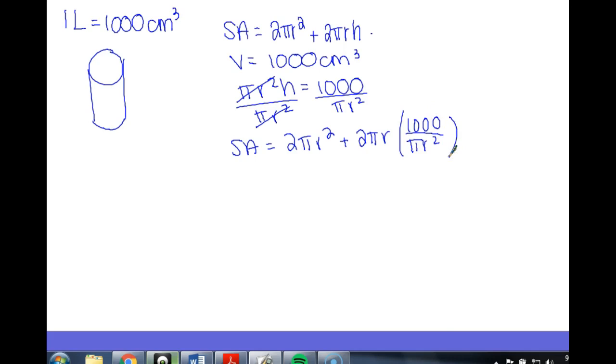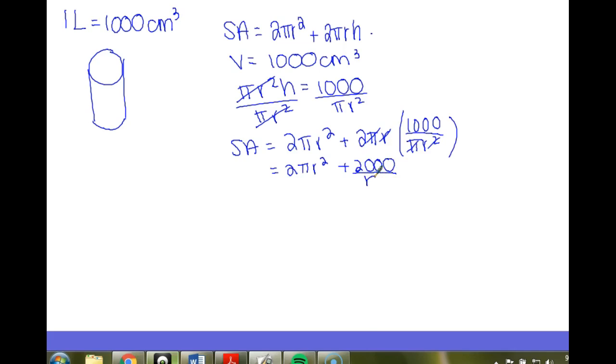So what's kind of nice about that? Plus. So the 2 stays, but the pi's cancel, and r cancels. 2 times 1,000 is 2,000, pi's are gone, r is gone, all over r.